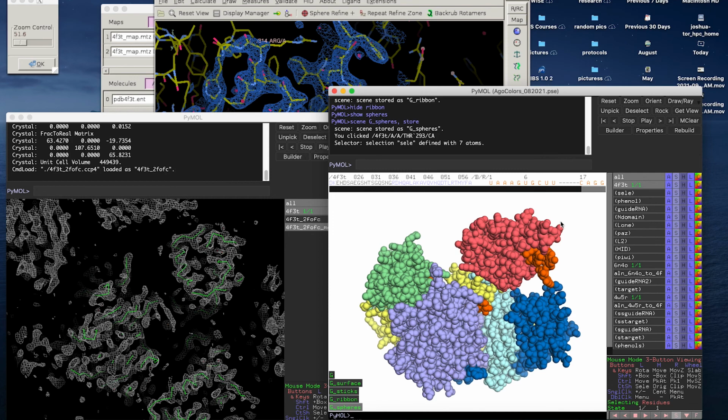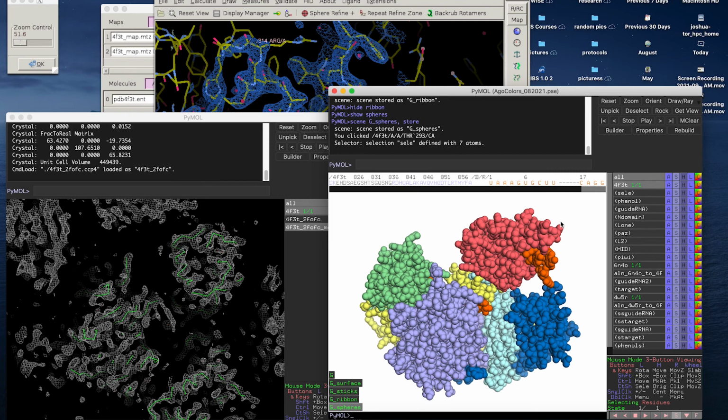So we can display it in various ways. We're still representing the position of the atoms, but in different representations, because we're not seeing it directly with our eyes.